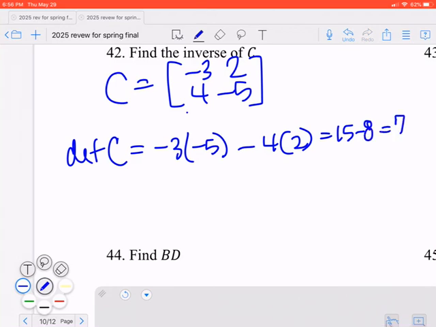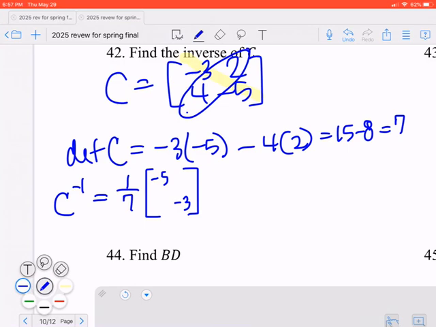So for the inverse, I put 7 on the bottom of 1/7, times, and I swap those two. So negative 5 to the top, negative 3 to the bottom, and then I make these two just the opposite sign that they are.